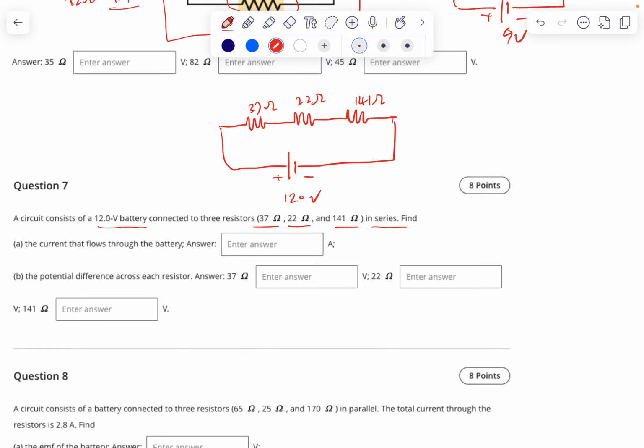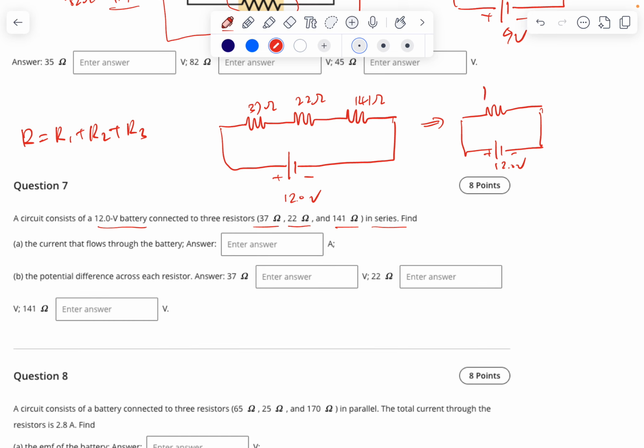Okay, all right. For a circuit like this, you can always simplify it into this circuit. Because they connect in series, the equivalent resistance is just adding them together when you combine them, right?